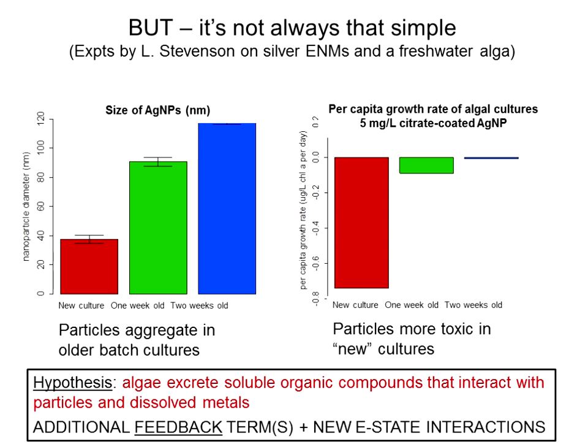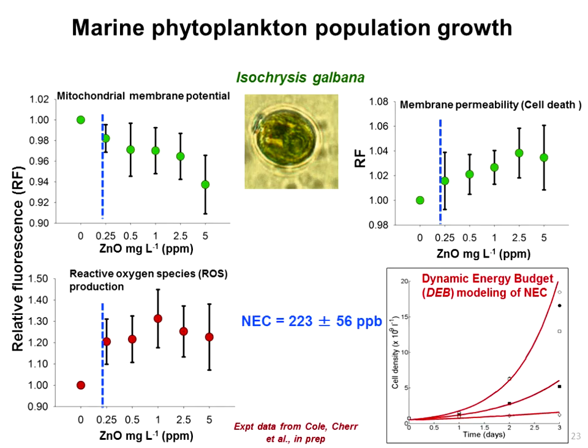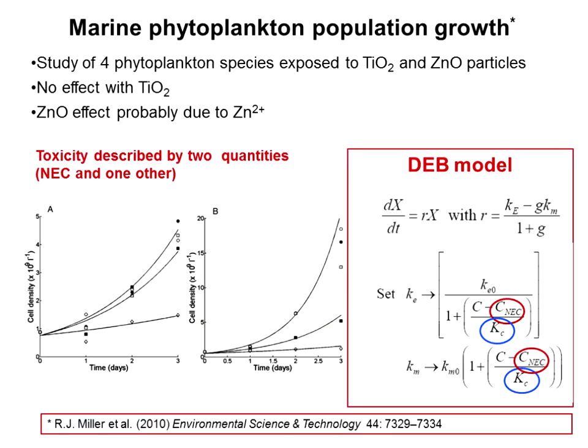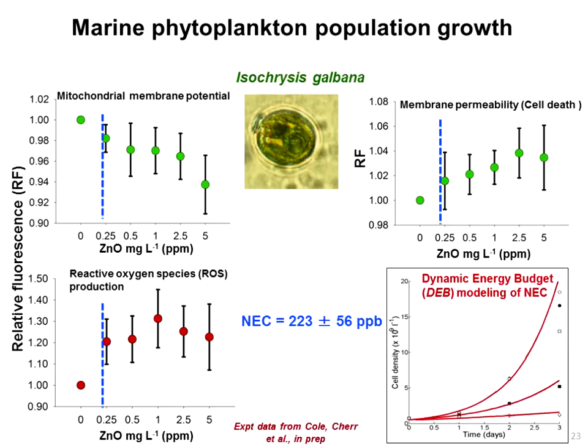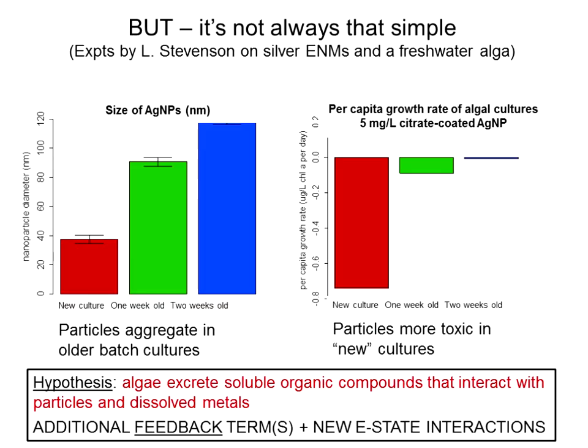Here is just an example of another set of studies of phytoplankton growth, this time by Louise Stevenson, a PhD student at UCSD. If we imagine that the early stages of phytoplankton growth look like what's been shown here, essentially exponential growth of one sort or another, over time, as you well know, the population will grow and eventually saturate at some carrying capacity.